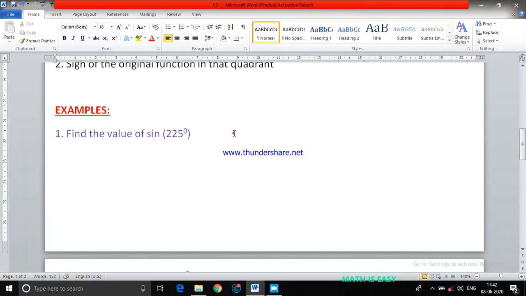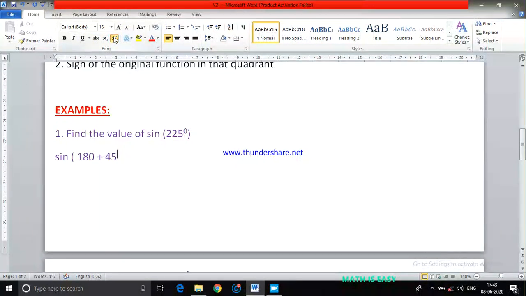For example, find the value of sine 225 degrees. So when I say sine 225, how can I write it? 180 plus 45 degrees. Is that okay?